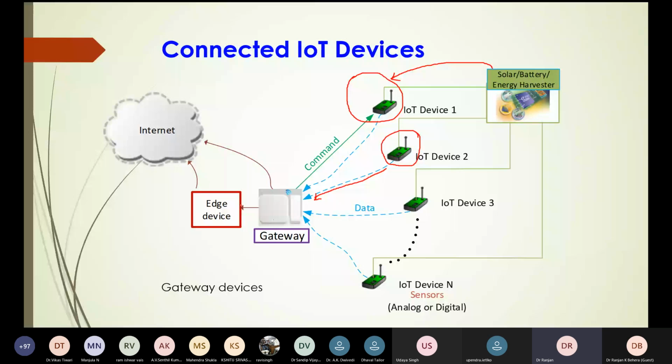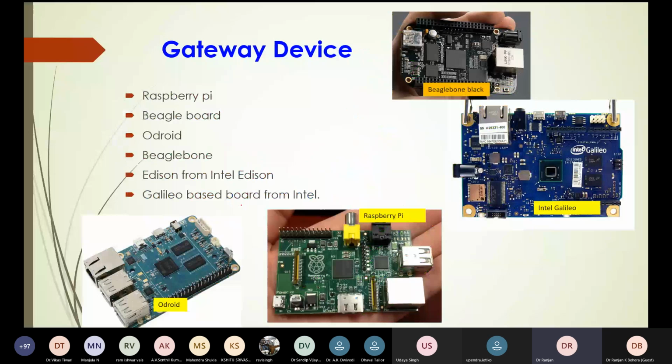If we see here, the simple gateway devices are Raspberry Pi, BeagleBoard, BeagleBone, and an addition from Intel, the Galileo-based board.